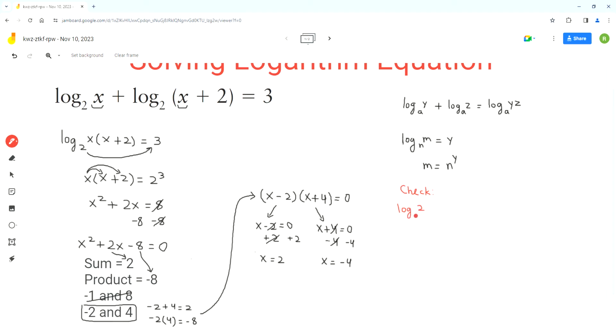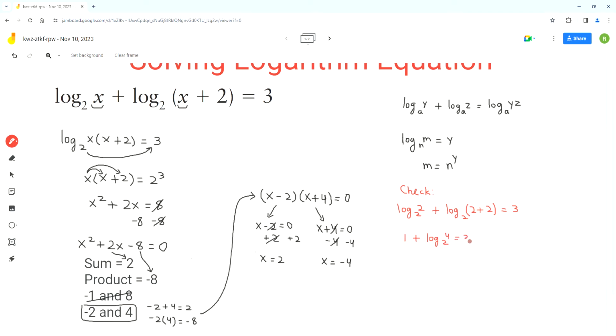So log of 2 to the base 2 plus log of 2 plus 2 to the base 2 equals 3. Now we have to check if the left side becomes equal to the right side. Log of 2 to the base 2 is equal to 1 because the term and the base are the same. And then we get log of 4 to the base 2.